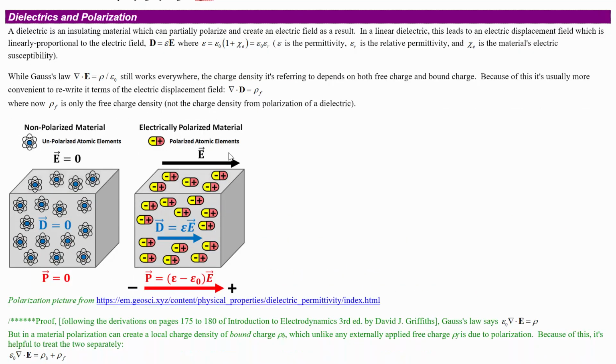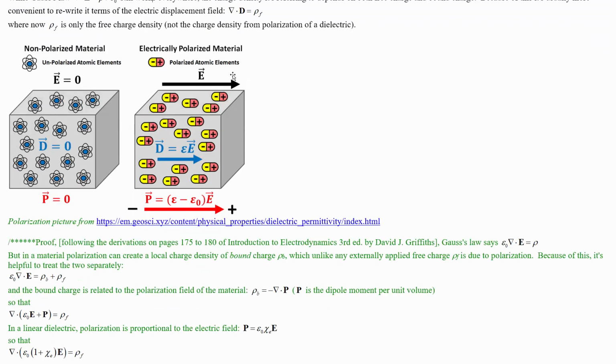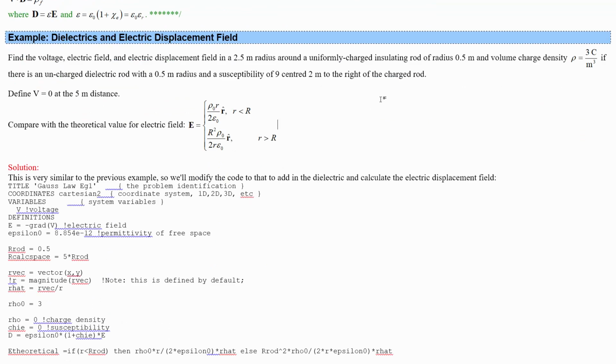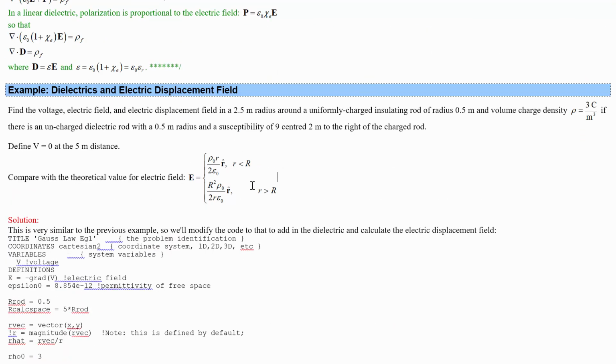The net effect of all of this is that we can still say that the electric displacement is proportional to the electric field, just that the electric displacement vector is this permittivity times electric field, where now that's not just the permittivity of free space, but perhaps increased by the electric susceptibility of the material.